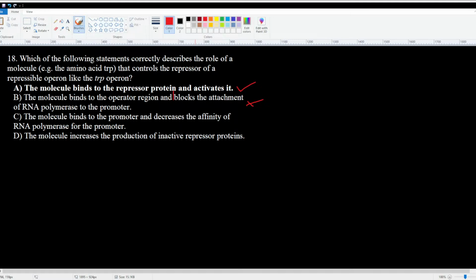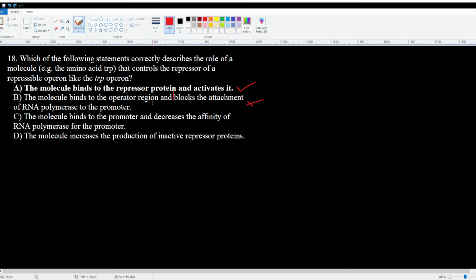That's like the entire explanation of what's going on with the operon, right? So the molecule itself is not going to bind to the operator region. The repressor protein is. The molecule is going to bind to the repressor protein to activate it. In this case, anyway, right? Because we're activating the repressor.